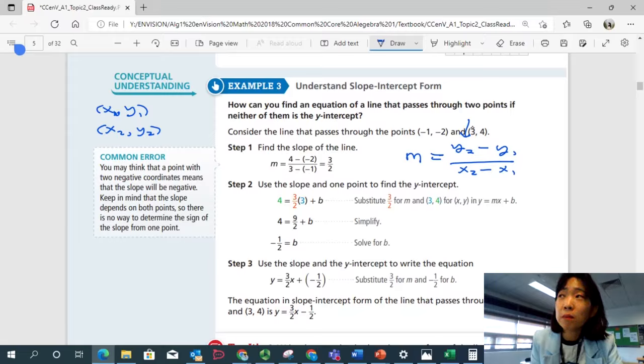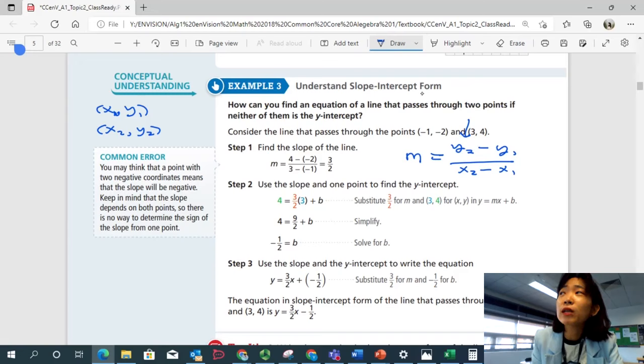It doesn't matter. But if you choose (3, 4) to be the second point, then you have to start with 4 for y sub 2 and 3 for x sub 2. Does that make sense?